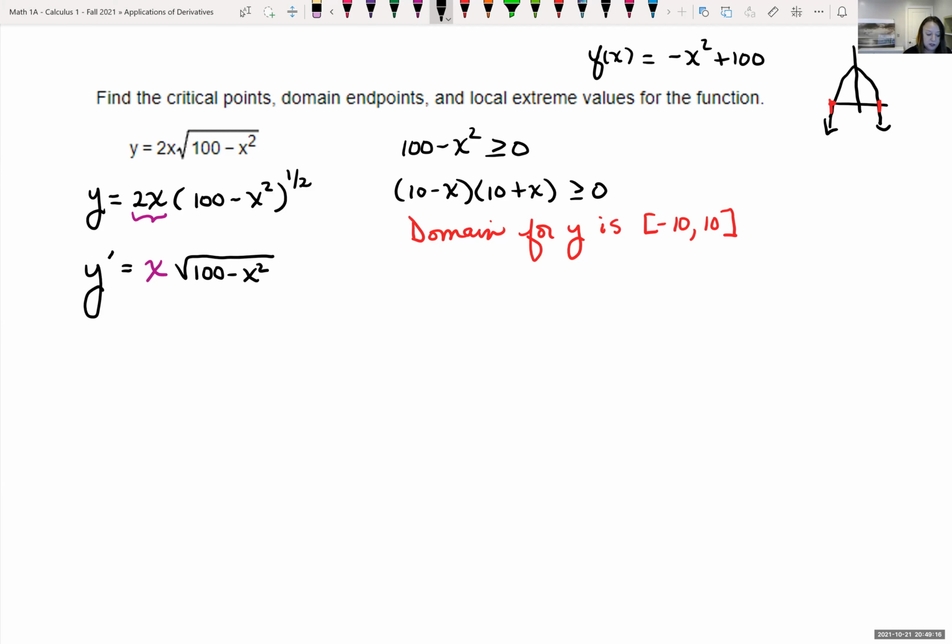So times the square root of 100 minus x squared, plus the first function, 2x, times the derivative of our second function. And for the derivative of our second function, we're going to need to use the chain rule. So bringing down our power in front of the inside, subtract 1 from our exponent, we get negative 1/2 times the derivative of the inside. And so the derivative of that inside is negative 2x.